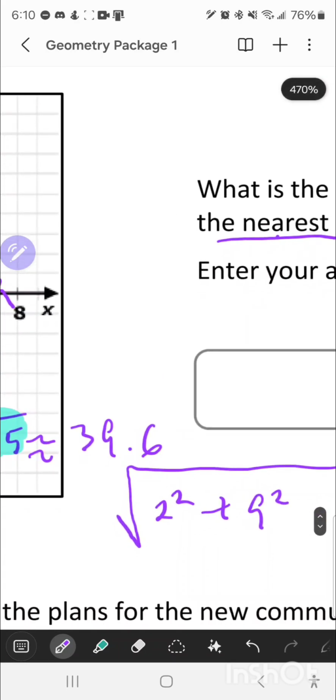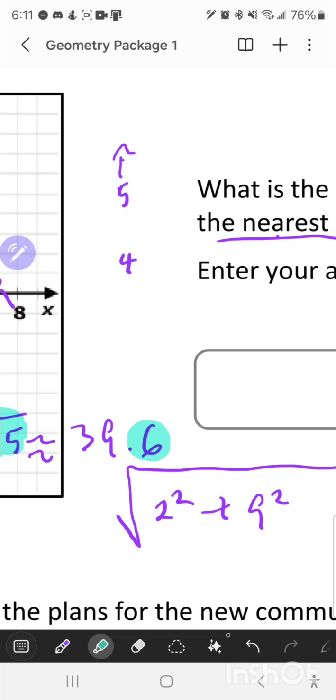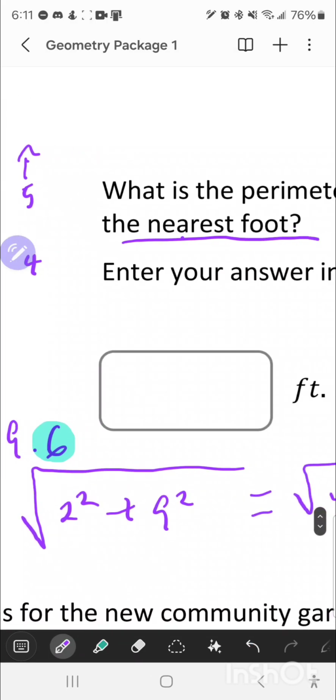By our rounding properties, if it is 5 or greater, we add 1. If it's 4 or less, from 0 to 4, we keep it as it is. In this case, this part is greater than 5, so we add 1 to 39, and our answer is 40. That's all we needed to do.